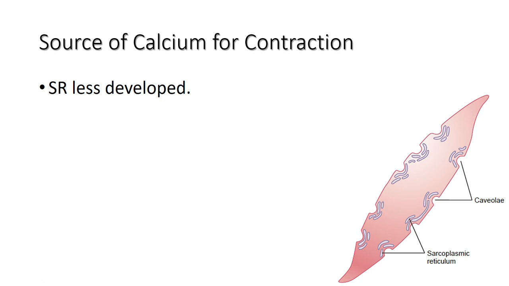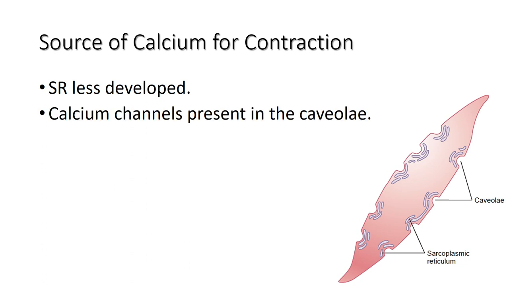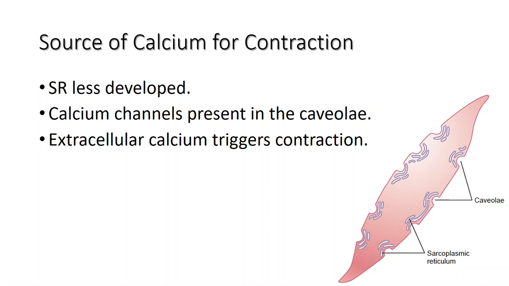Due to this, smooth muscle fibers have limited calcium stores. To compensate, smooth muscles have calcium channels in the caveolae that open during the action potential along the sarcolemma. Caveolae are membrane indentations in the sarcolemma. The influx of extracellular calcium ions accounts for most of the calcium that triggers contraction of a smooth muscle cell.